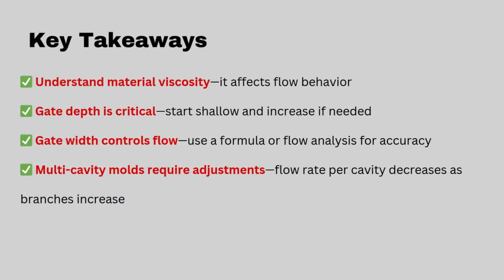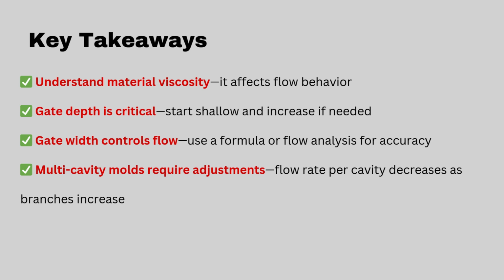Here are some key takeaways from this video. To properly size the sprue, runner and gate, remember we need to understand the material viscosity, as it affects the flow behavior. The gate depth is very critical, and we should start with a very small depth and increase it as needed.